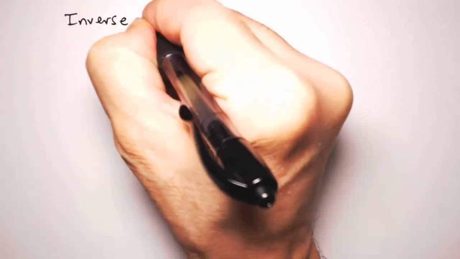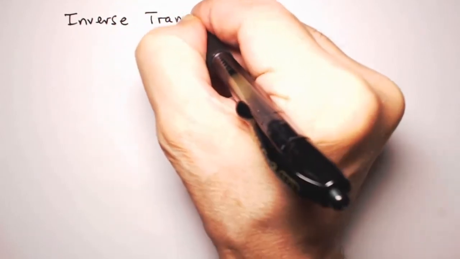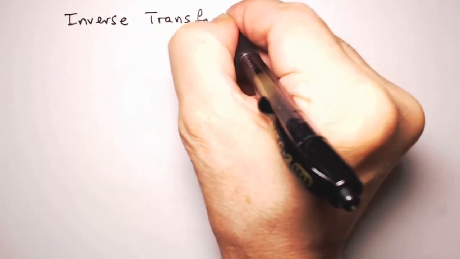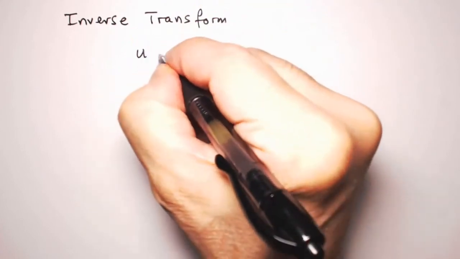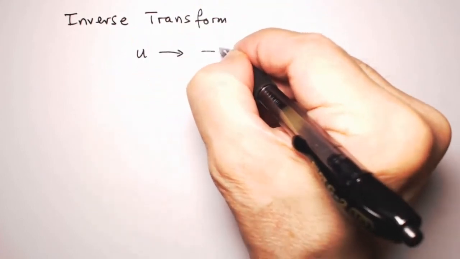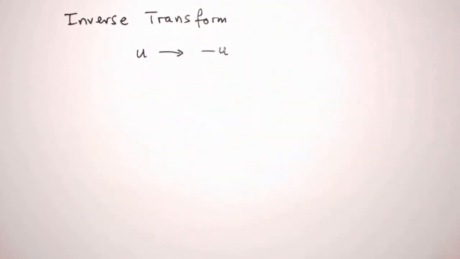For the inverse transform, what we're going to do is replace u with minus u. Wherever there's a u, we'll convert it to minus u, because that is the essence of the transform, and all primed quantities will be interchanged with unprimed quantities.